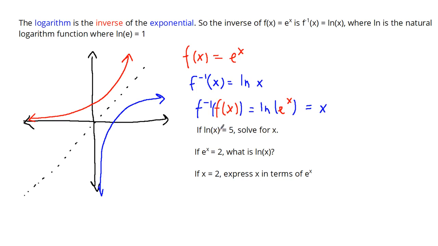So if ln x is equal to 5, solve for x. Well, if we have ln x equal to 5, we can just take the inverse, right? Like how whenever you have x plus 3 is 8, you subtract 3, take the inverse. So you take e to both sides, x is equal to e to the 5, which is a pretty big number. e to the x equals 2, what's ln x? e to the x equal to 2, you take ln on both sides, you have x equal to ln 2.